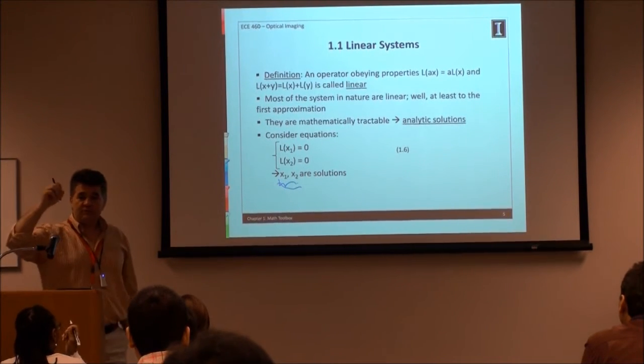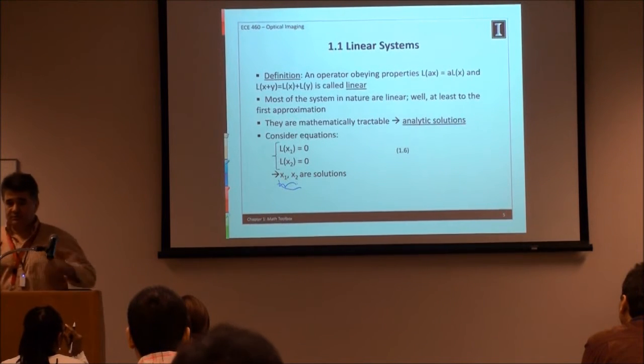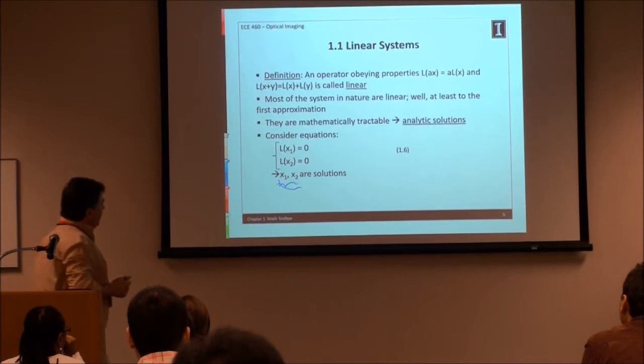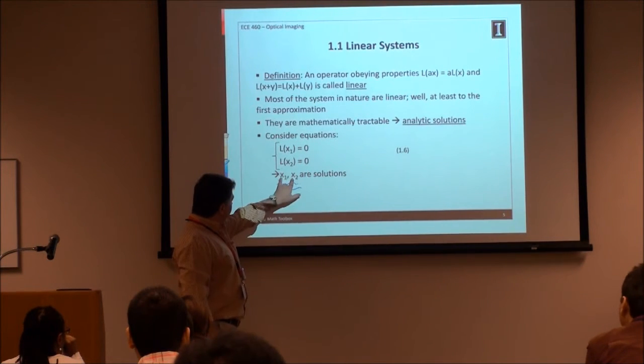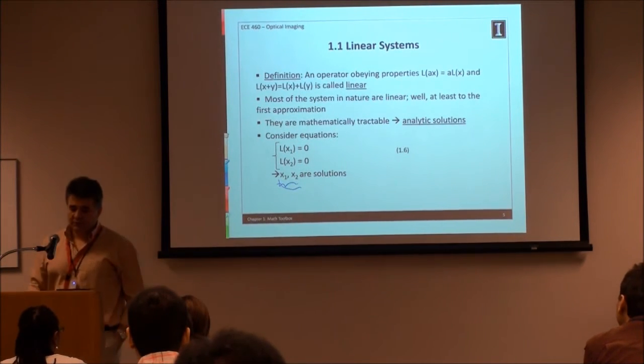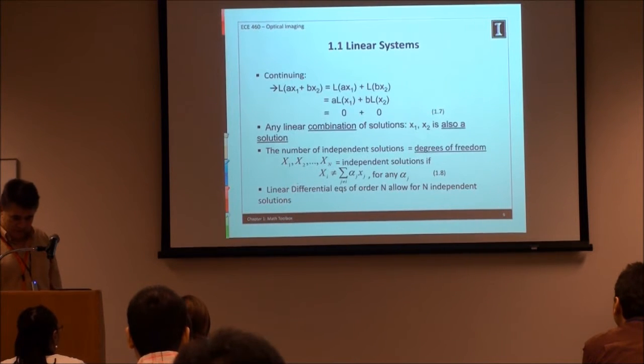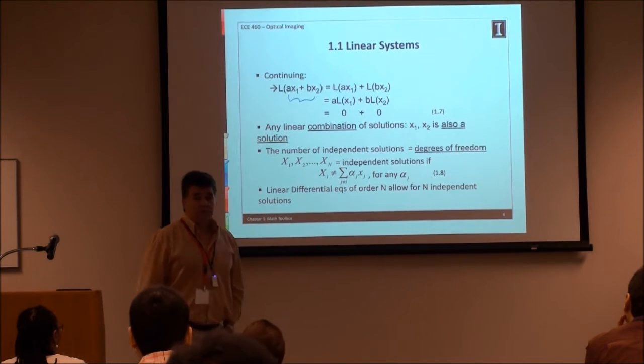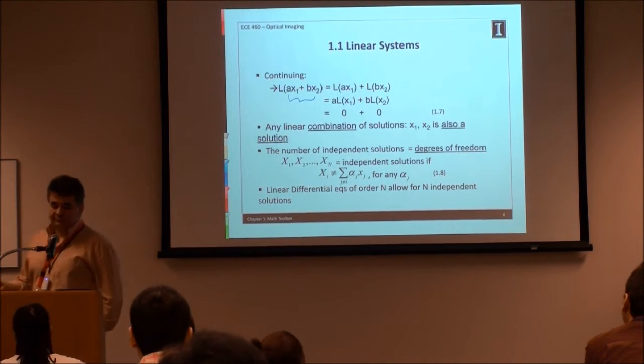So I have a certain force that acts on a spring. The spring has a certain constant. I have certain friction and so on. And I have two solutions, x1 and x2. It turns out that a linear combination of x1 and x2, that means a x1 plus b x2, is also a solution.